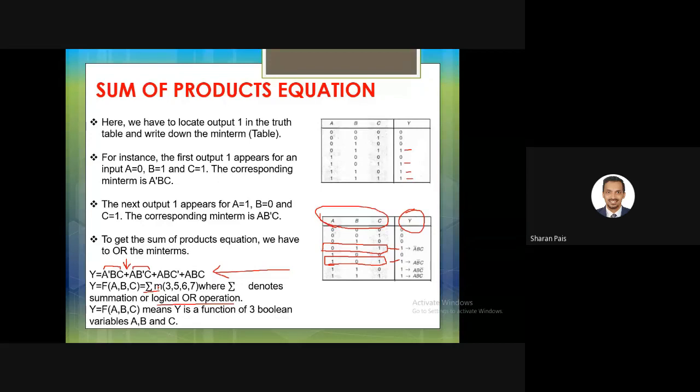Summation of min terms m, small letter m, of 3, 5, 6 and 7. So this is m0, m1, m2, m3, then 4, 5, 6, 7. Fine. So it is m3, m5, m6, m7. I'm writing m outside, and inside the bracket I'm writing 3, 5, 6, 7.